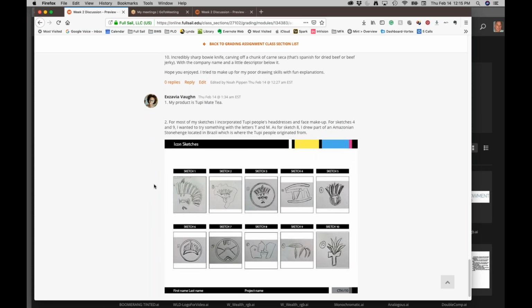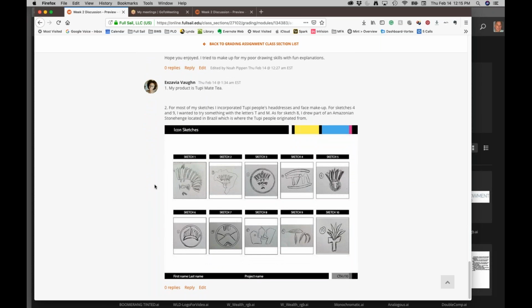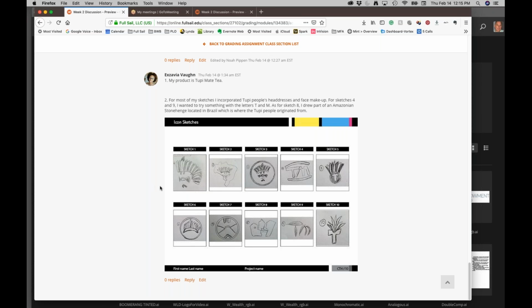Xavier, you did Tupi Mate tea. So you drew upon the native South American culture and have some feathers and headdress. The Amazonian thing, I think I wouldn't use the initials. Out of these, the ones that jump out are number 3 and maybe number 7.